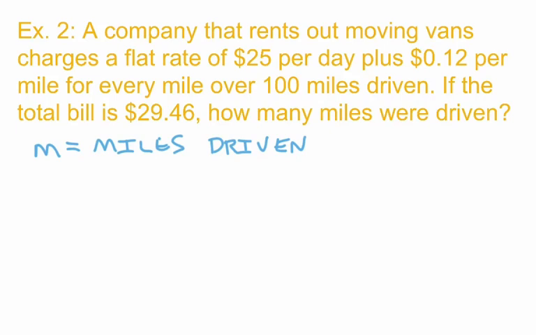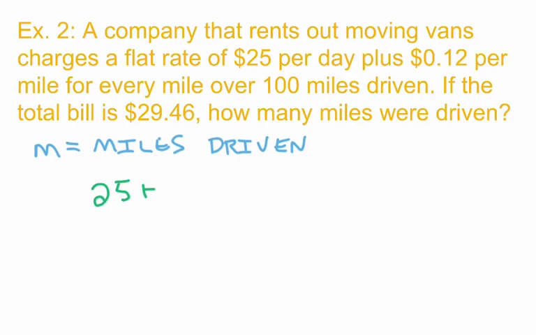Now, for writing this equation, first part should be the easiest part. We're going to start off with 25 plus. Okay? It's written right there. $25 per day plus. Okay? So we don't know exactly how many miles she's driven, but we know that she gets charged $25 for her 1 day of renting the van.